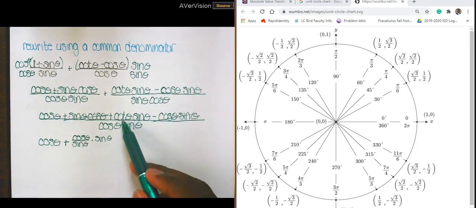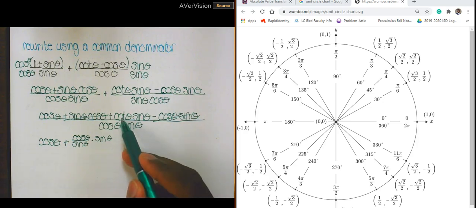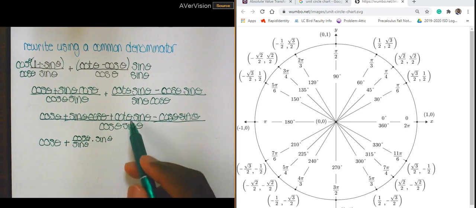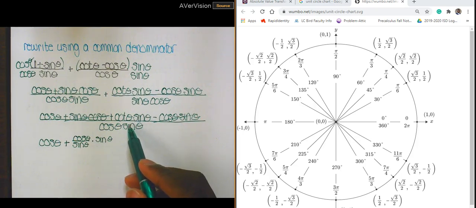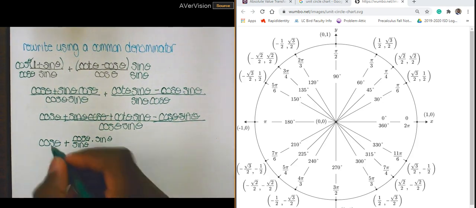If we change the cotangent to cosine over sine, what happens? So what happens here?